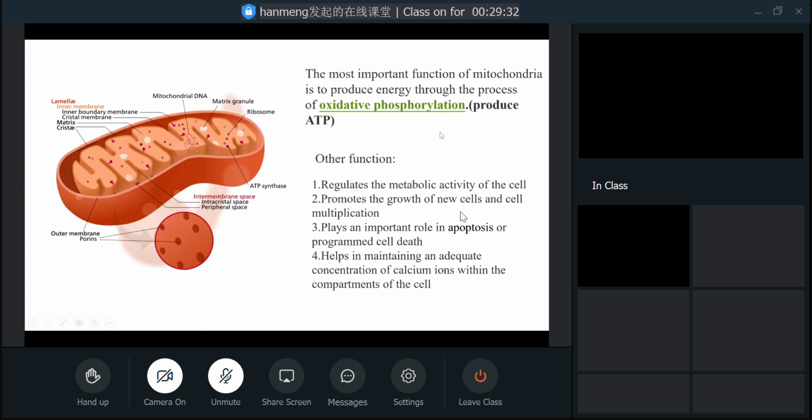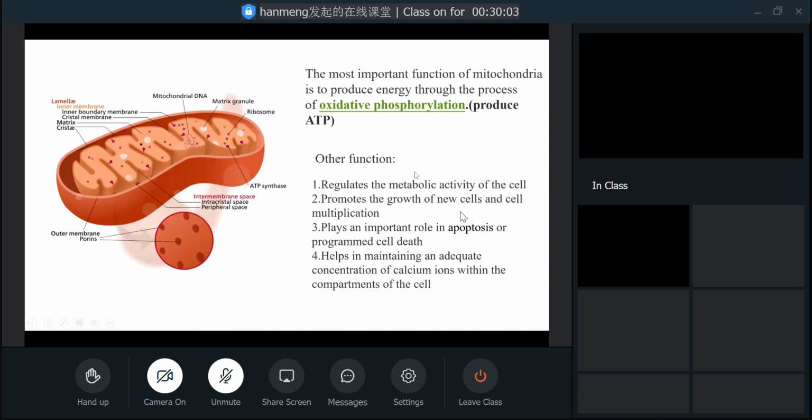That is the energy that we use to maintain our movement, for our brain to work or our muscle to move. So the common type of energy is the ATP.